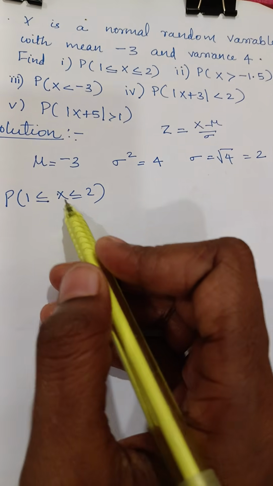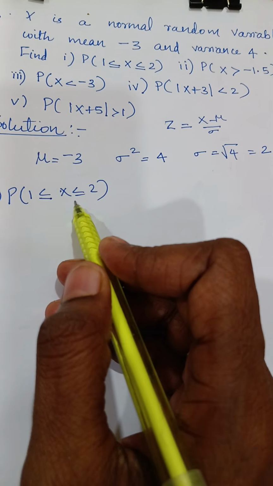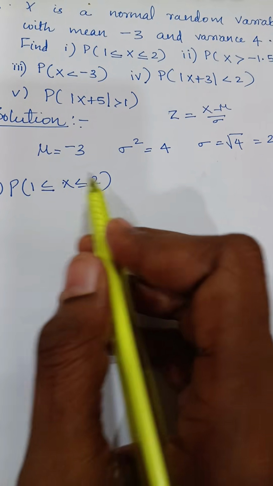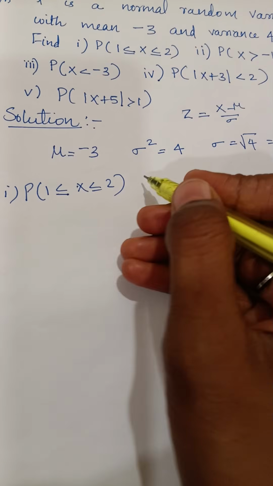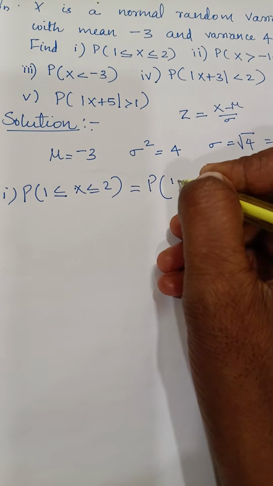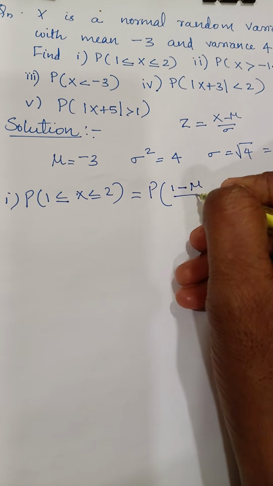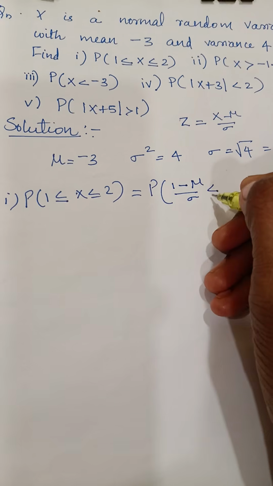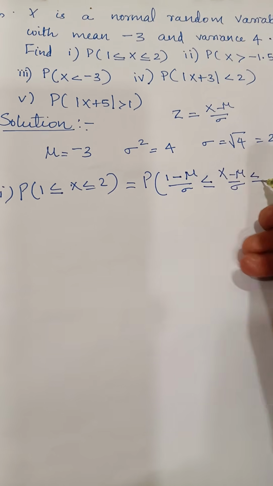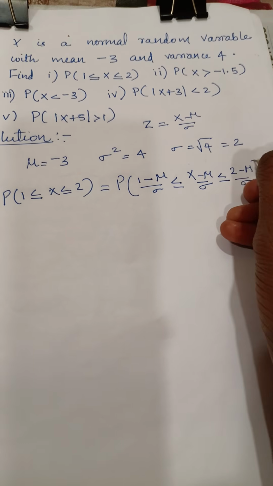So if you are subtracting mu from x and dividing by sigma, you have to do the same operation in LHS and RHS. So this will become probability of 1 minus mu divided by sigma less than or equal to x minus mu by sigma less than or equal to 2 minus mu by sigma.